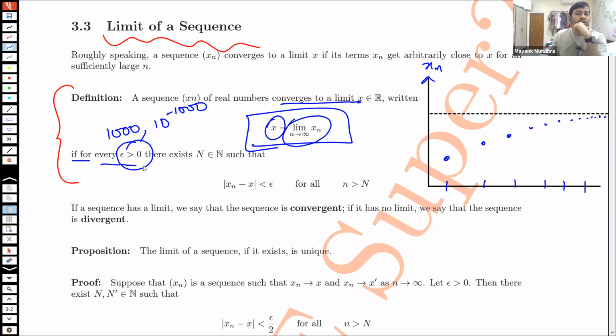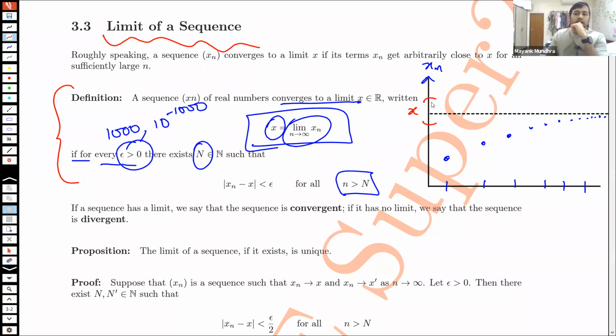The point is that for every epsilon, you can find a natural number N such that all elements xn after this point capital N will lie around my limit. So what this means is you take some epsilon around x. This is my x. So you take any epsilon around x.